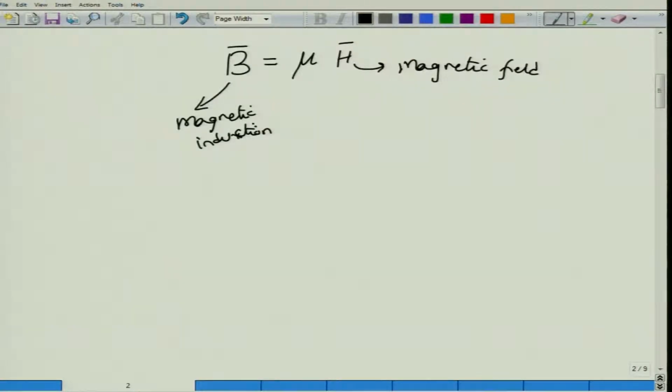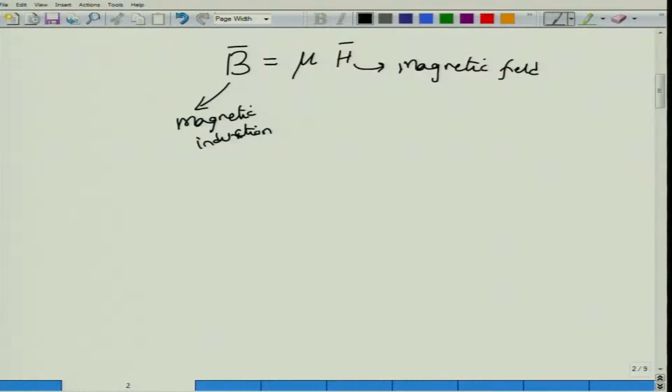Unfortunately there is no standardization of what we call what. B is called the magnetic field by most physics people, whereas H is called magnetic field or magnetic field intensity by most electrical engineers. Magnetic induction is a slightly older term for B, and magnetic flux density is used because it is similar in many ways in its behavior to electric flux density, which we will introduce very shortly.